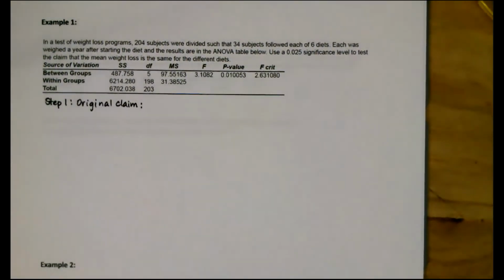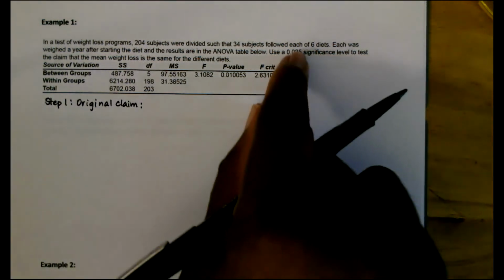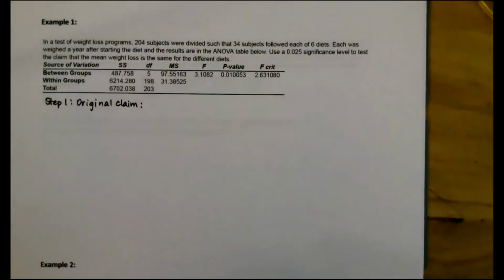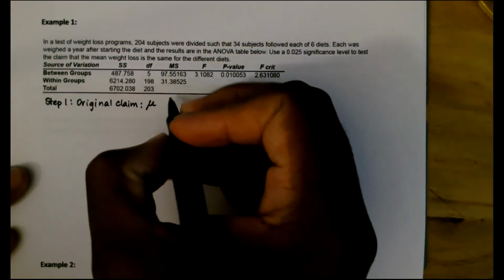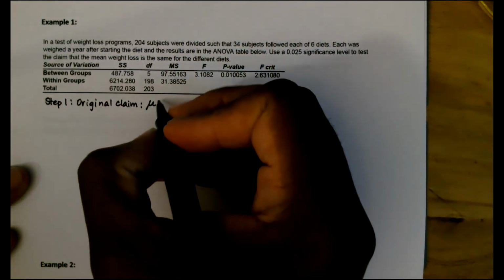Starting with step number 1, that's the original claim in symbolic form. Of course, the claim was that the mean weight loss is the same for the different diets. And in this case, there are 6 different diets. So the way we write this original claim is going to be this. We're dealing with means here because it says mean weight, so we have to use the Greek letter mu.